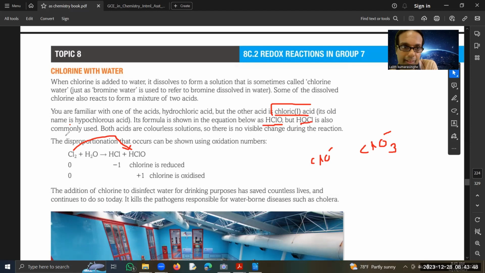Chlorine gas will go from 0 to -1. Earlier we were talking about chloride, sulfuric acid, chloride and oxidation reduction. But this is +1, so this is oxidation. It went under oxidation here.